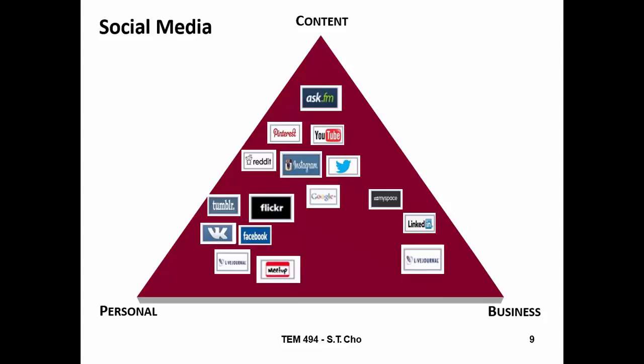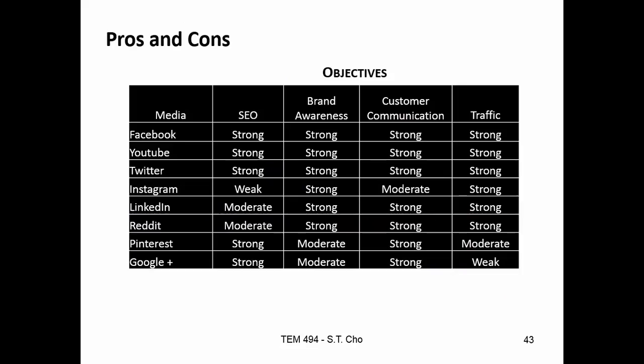One is more oriented towards business, like LinkedIn; more oriented towards content, such as Instagram, about photos or videos; or more personal, where I'm talking to family and things like that, like Facebook. But the interesting thing is that all of them are converging to the middle. Facebook wants to also be your site for business. It also wants to be your site for content. And so everybody's going towards the middle, including Google.